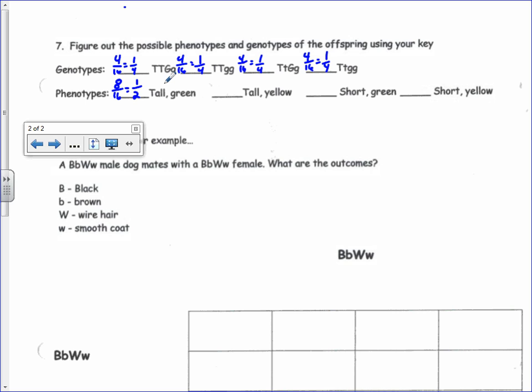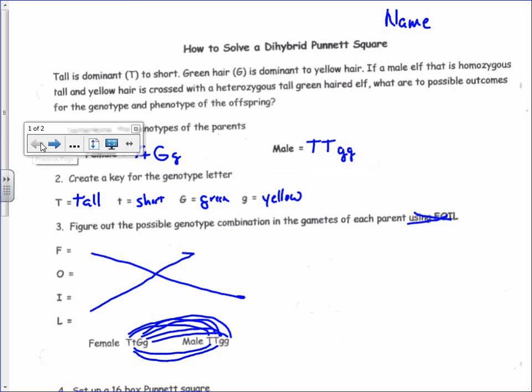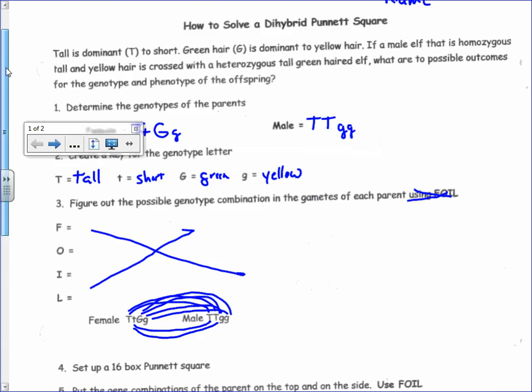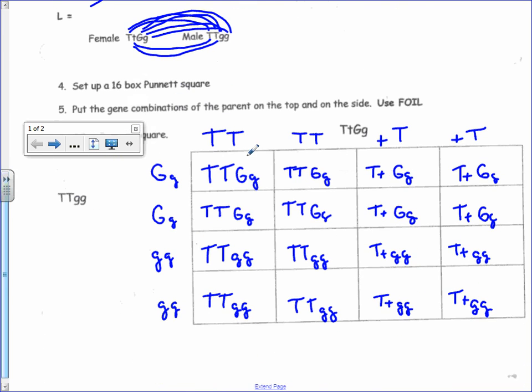Now we're looking for tall and yellow. So the only way we can be yellow is to be homozygous recessive. So we're looking for a capital T and 2 lowercase g's. So let's look back at our Punnett square. Capital T's and 2 lowercase g's.